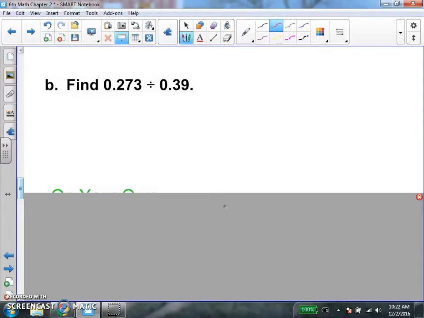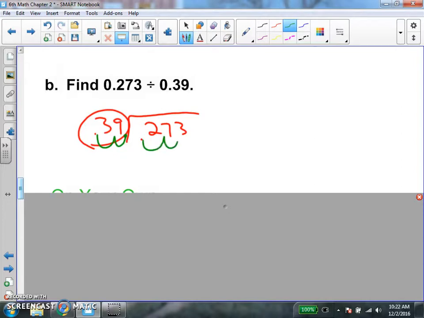First number goes on the inside of my long division sign, 0.273, and the second number goes on the outside, 0.39. Again, make your outside number into a whole number. To do that, I'd have to move my decimal 2 spots this time. So if I move my decimal 2 spots there, I also have to move it 2 spots on the inside of my long division sign.